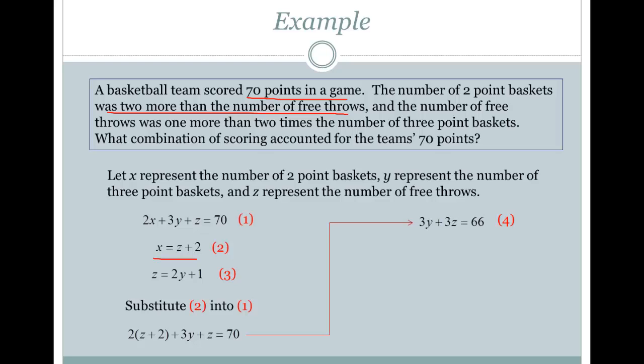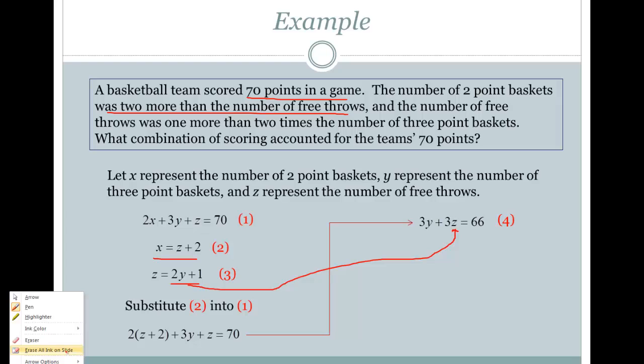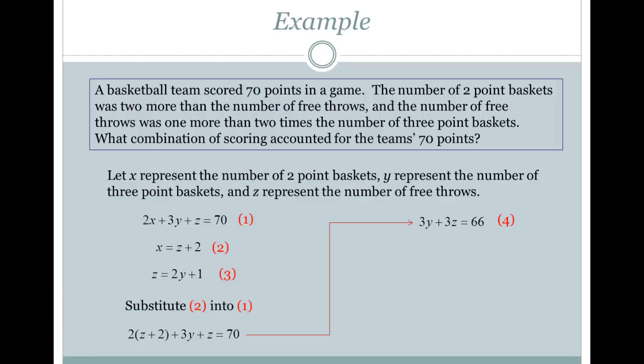We're all set up for substitution now, because I know that z is equal to 2y plus 1. So what I can do is plug this right in for that z. If I do that, I simplify: 3y plus 3 times (2y plus 1) is equal to 66.